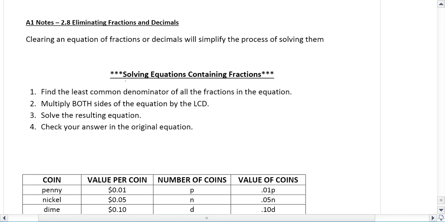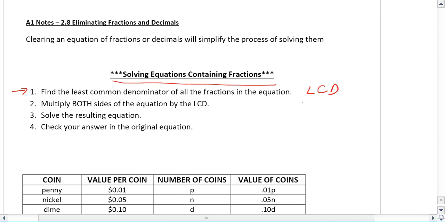When we want to solve equations that contain fractions, the easiest thing we can do is to make the fractions go away, to get rid of them. And we have some steps that we follow to do this. First, we inspect all the denominators we have to deal with, and we find the LCD, or the least common denominator, looking at all the denominators located in the algebraic equation.